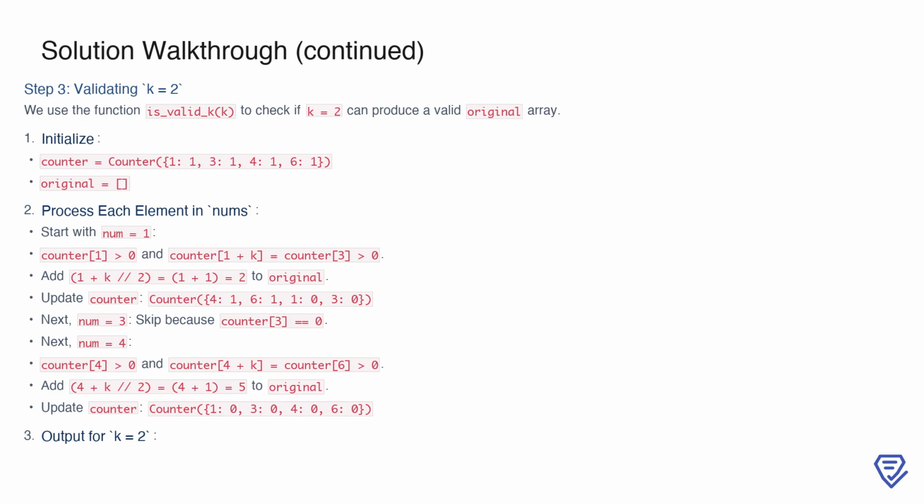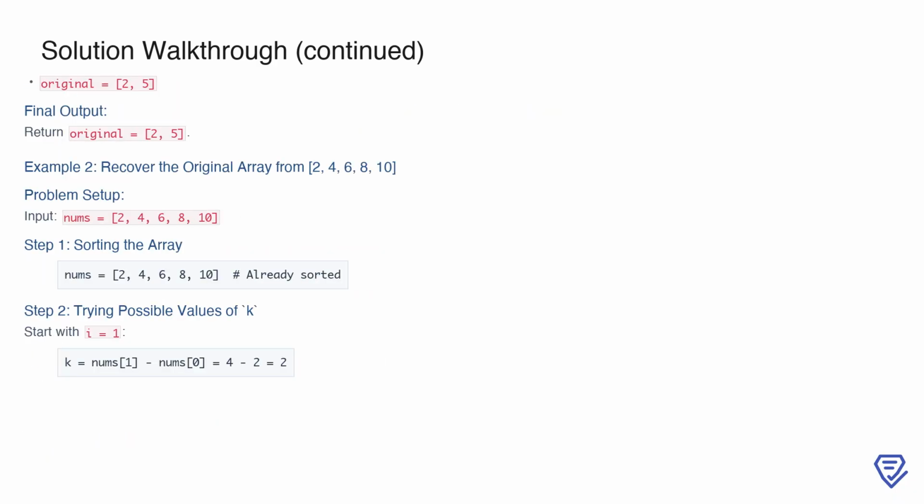The counter now becomes {1: 0, 3: 0, 4: 0, 6: 0}. Finally, we skip any remaining elements with 0 counts. At this point, original contains [2, 5]. With original equals [2, 5], we have successfully reconstructed the original array for k equals 2. This is returned as the final output for this example.